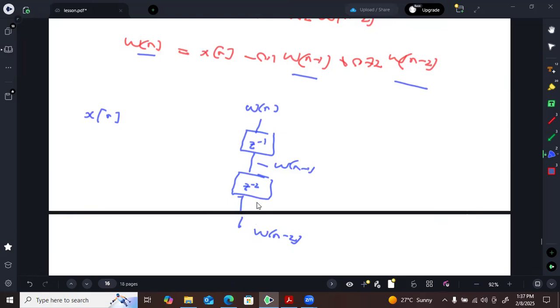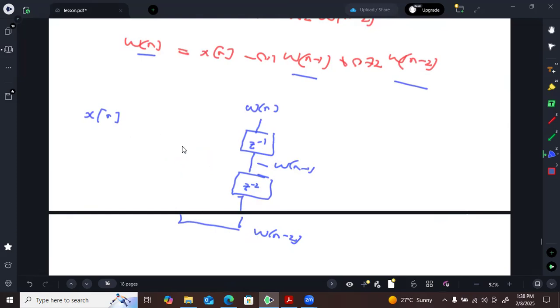Then you can see I need to add wn minus 1, wn minus 2, bring them there, add them.